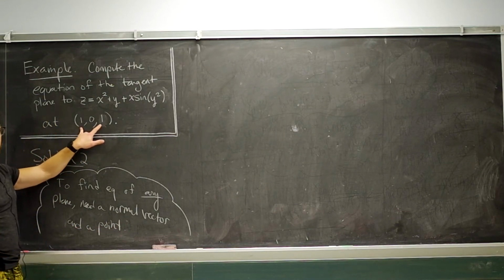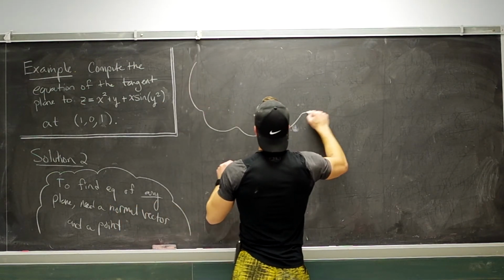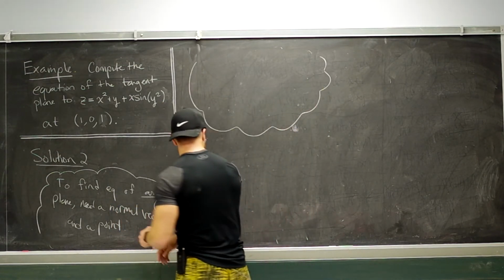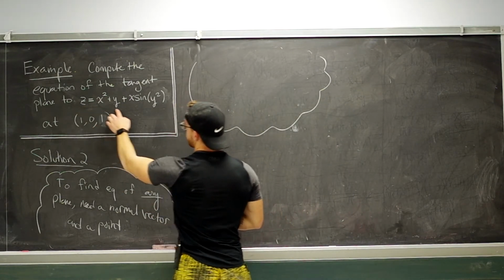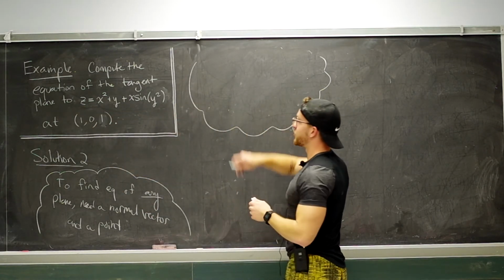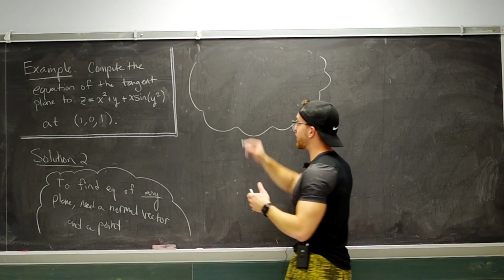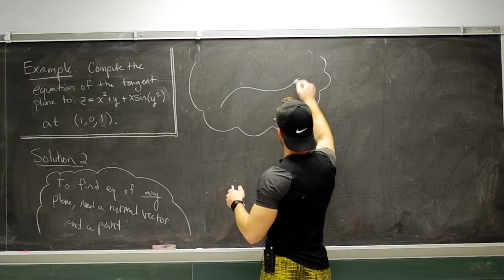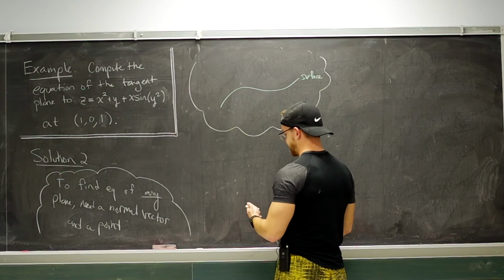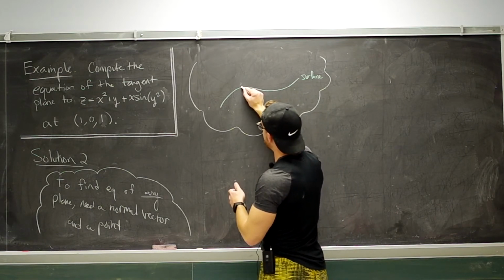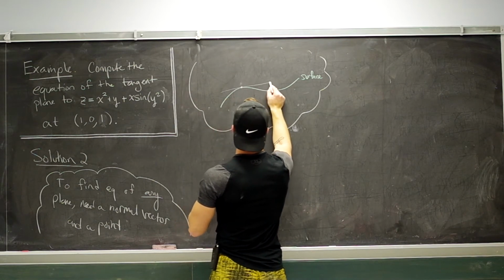Well, we were given a point, so all we need now is a normal vector. And what we're going to do is the surface, let me draw in green. So this right here, rather than trying to actually draw a surface, I'll draw a heuristic picture a dimension down. Here's our surface. Here's our point. And what we're trying to do is find the equation of the tangent plane.